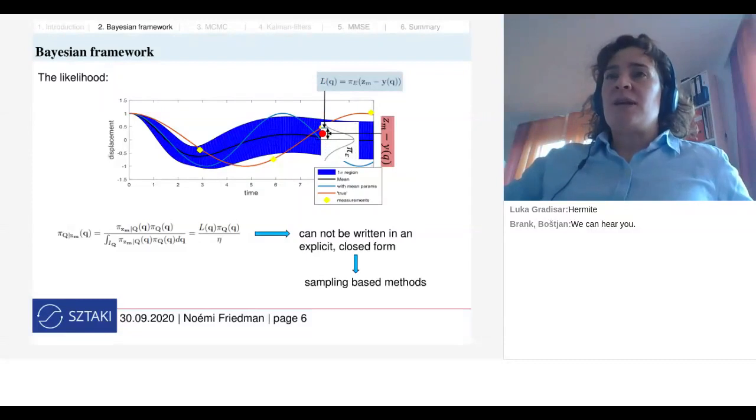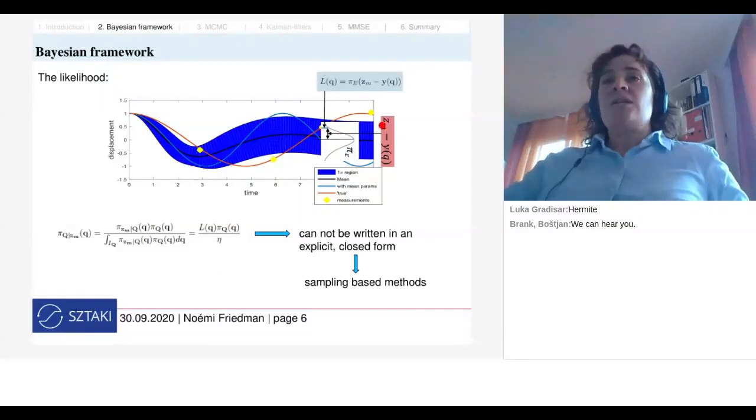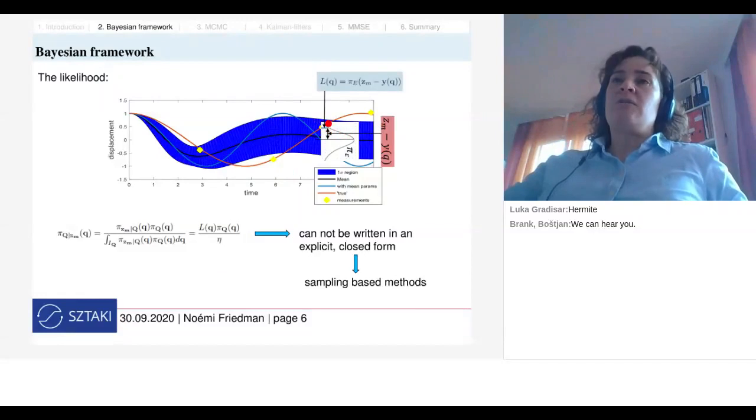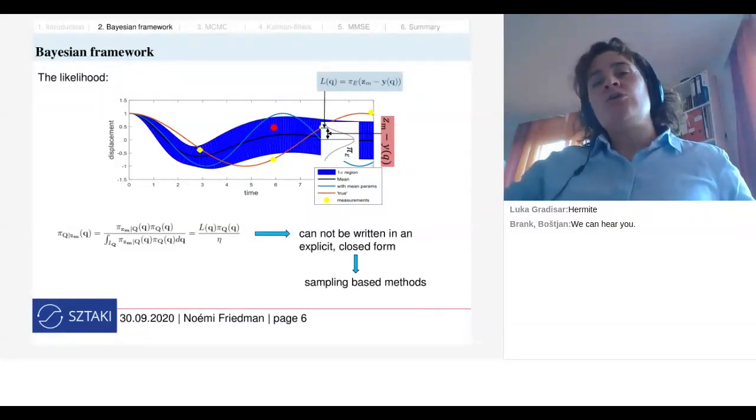If my measurement would be somewhere here, then the likelihood would be much higher. So this is my likelihood if I have only one point. If these Gaussians are independent from each other, you draw a Gaussian at every center point of the blue.